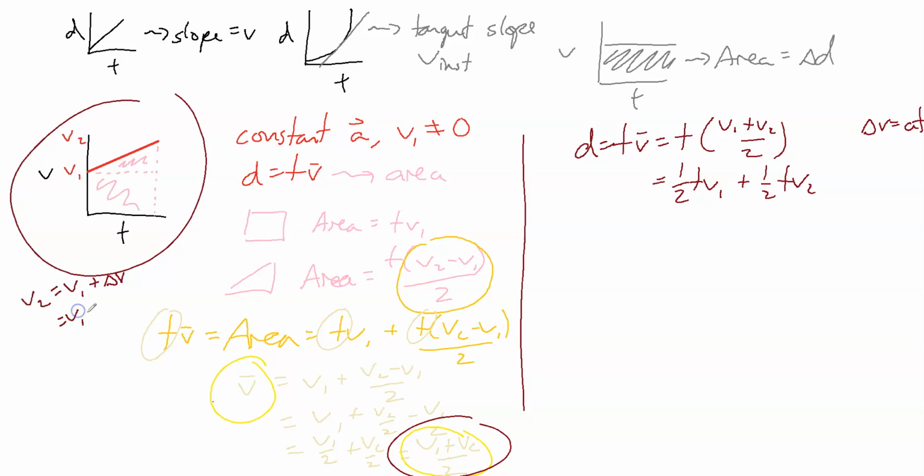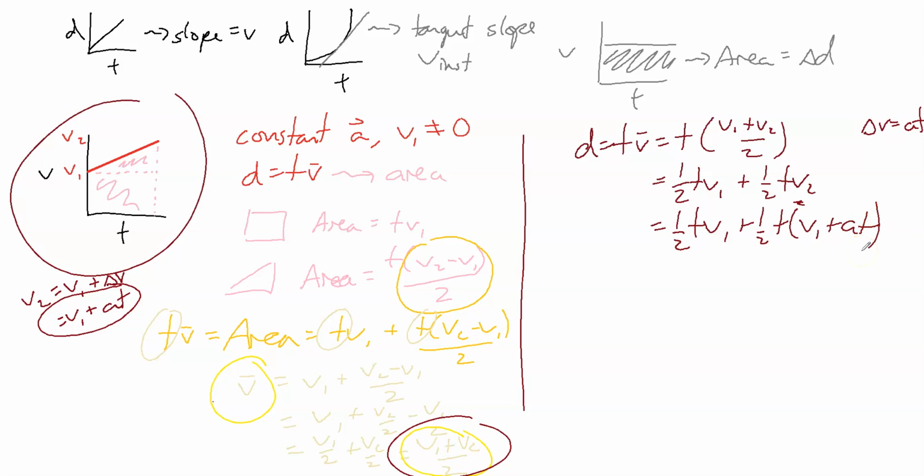But that would then be equal to v1 plus acceleration times time, because change in v, of course, is acceleration times time. Well, I can use this idea and substitute over there. So this would be 1/2 t v1 plus 1/2 t, and this would then be v1 plus acceleration times time.